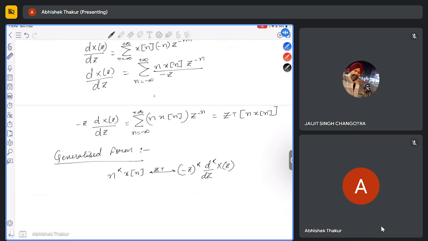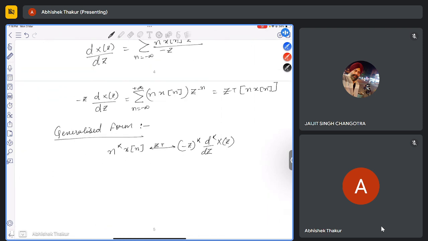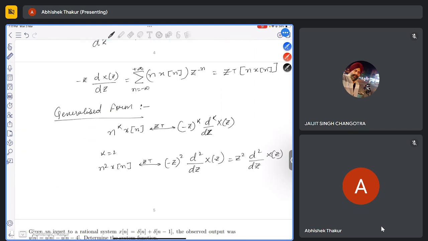So this is the general form. Here in this question, y[n] is equal to n squared x[n], so k is equal to 2. So for n squared x[n], the z transform we will get is minus z to the power of 2 times the second derivative of X(z) with respect to z. So which option is correct?